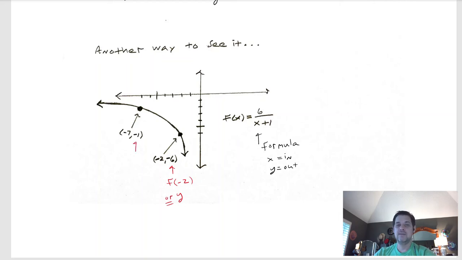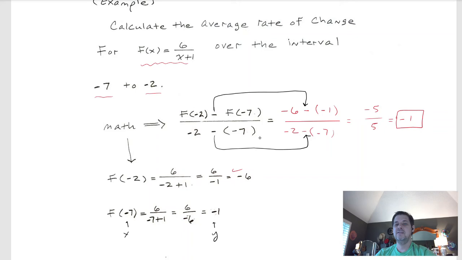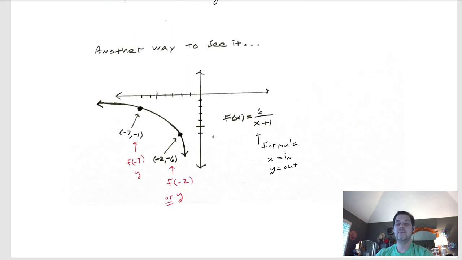And then this one we would let be f of -7. All right. So as long as you understand that the formula and the graph is the same information, and as a result, we could find the average rate of change either way. If we have a formula or a graph, same information, we can do it either way. Then we're ready to move on.